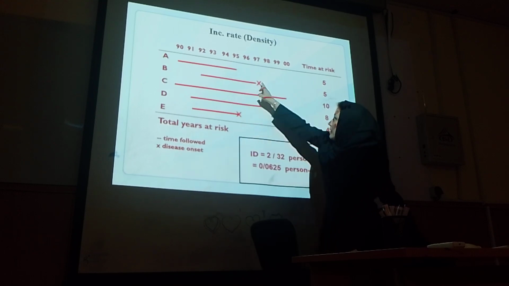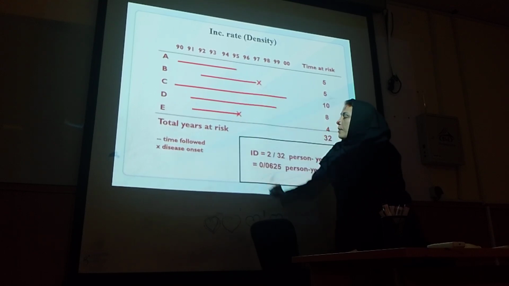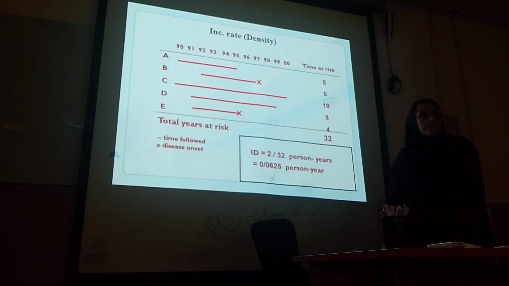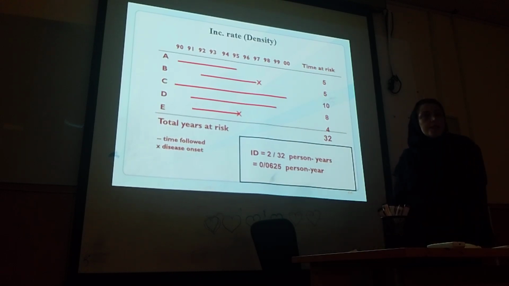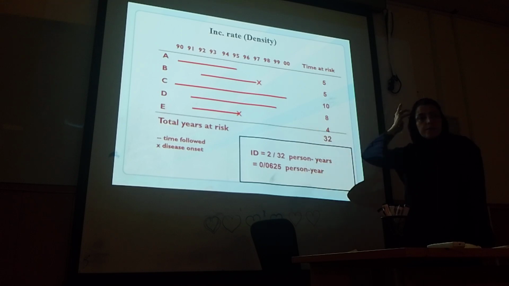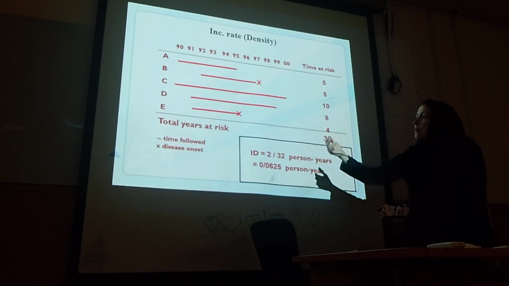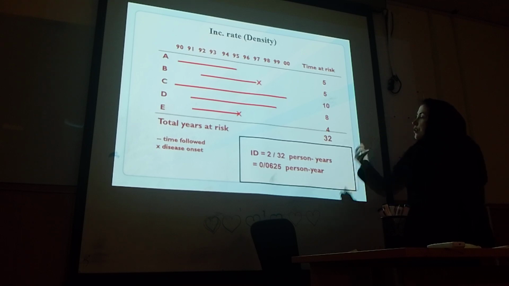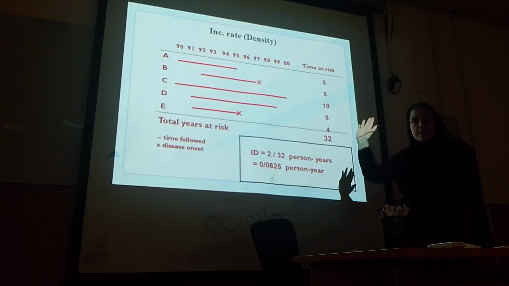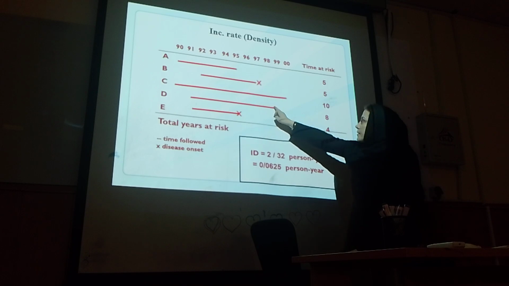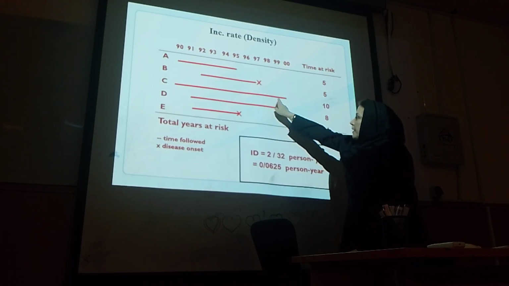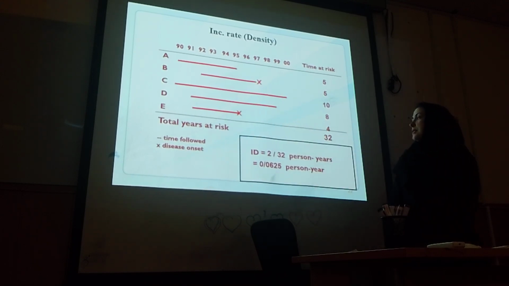These 2 are diseased, with disease onset or death time. For example, the disease is diabetes. But these 3 are not diseased.